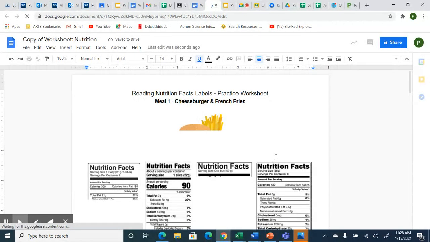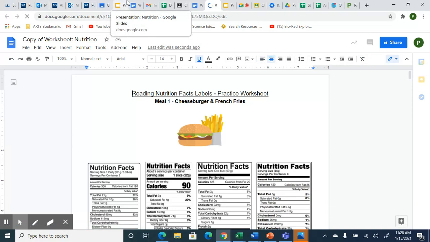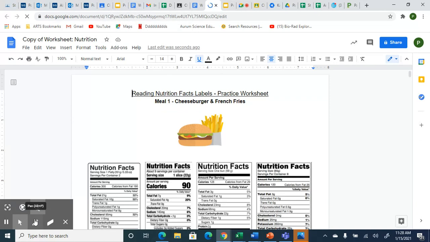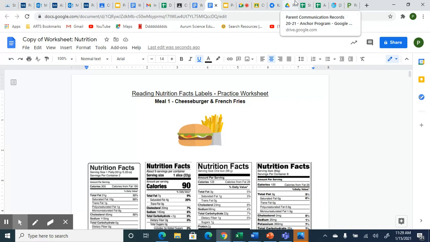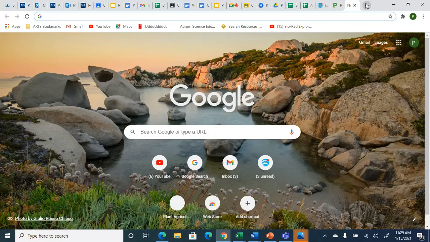No, that's not going to help me. What I want to do is make a new window.